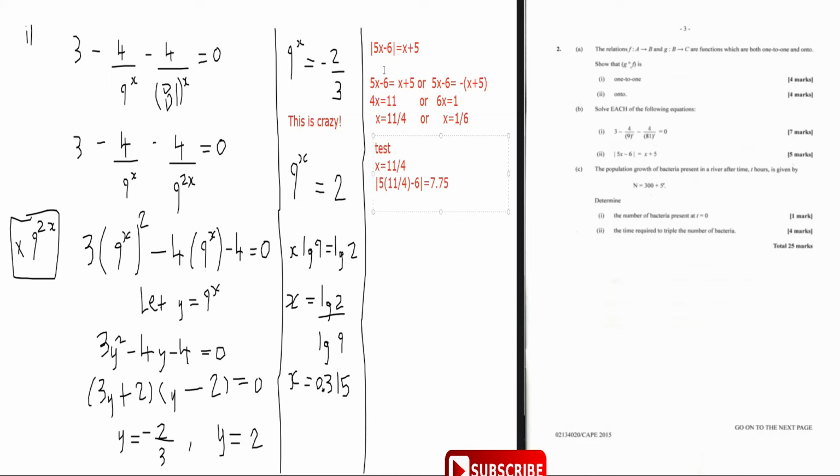Let's test if we get the same over here. Yes, 11/4 plus 5 is indeed equal to 7.75. And so 11/4 is good.